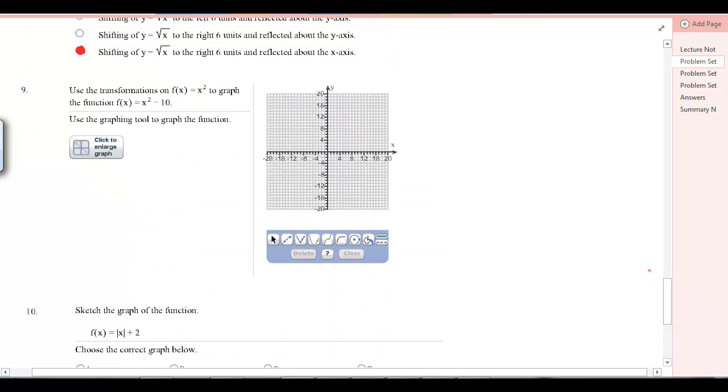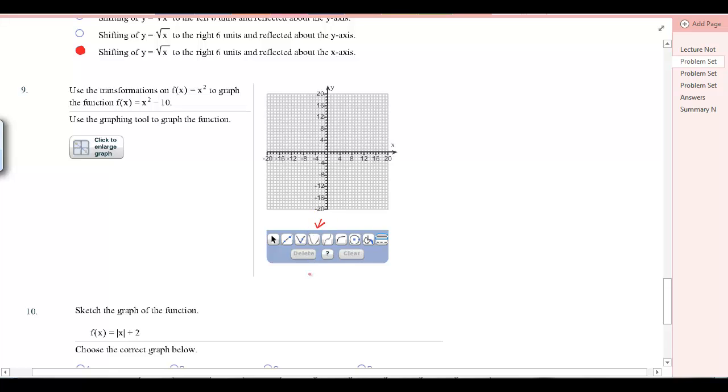Now, on number 9, you're going to use this graphing tool, and you want to click the parabola tool first. So you're going to click this guy.